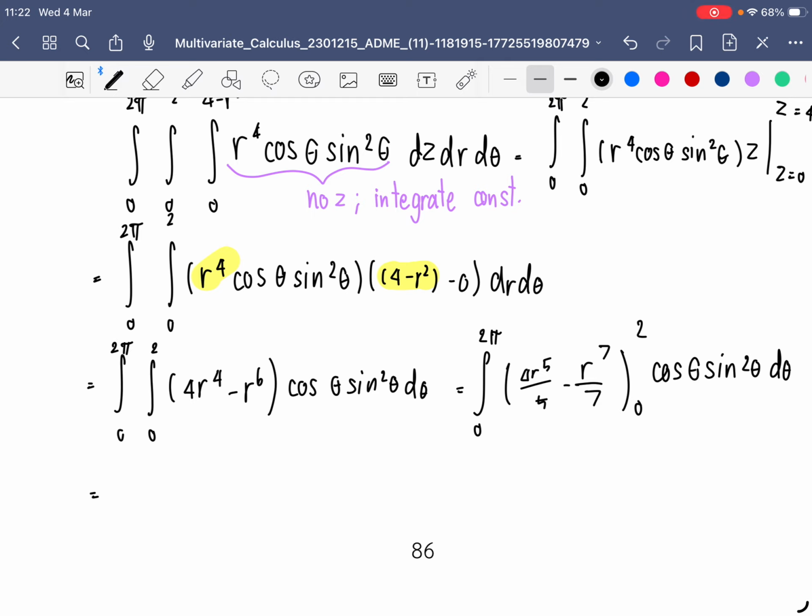Whatever large number you get, I'll tell you that what you have is 256 over 35.